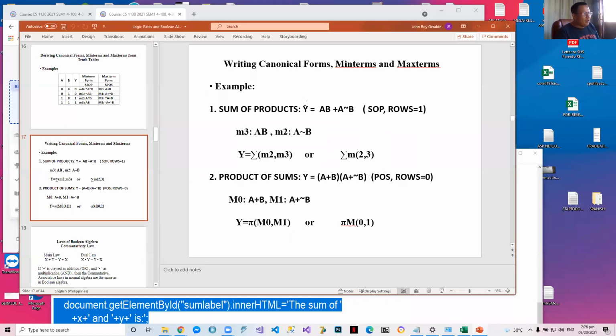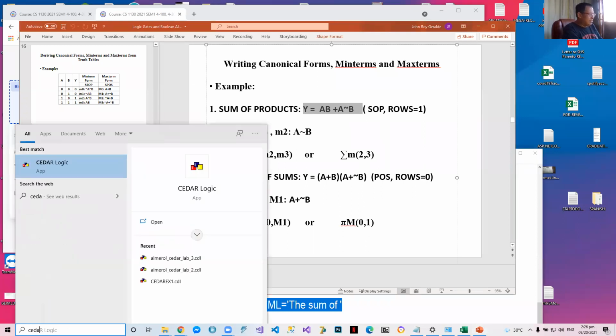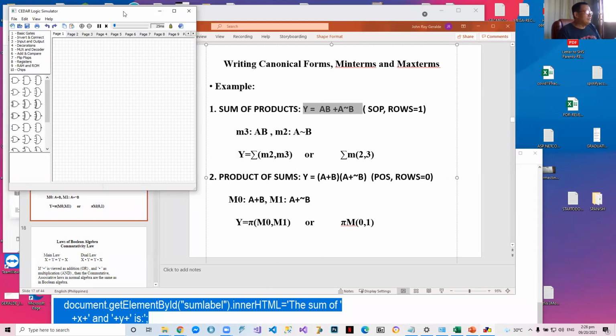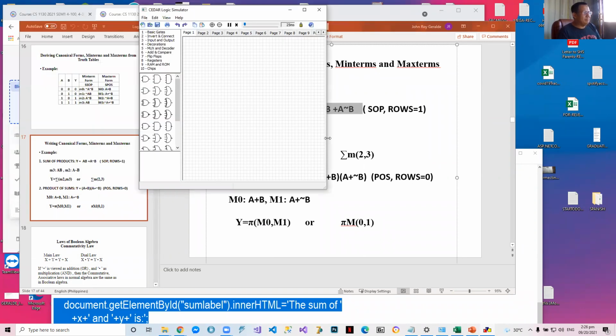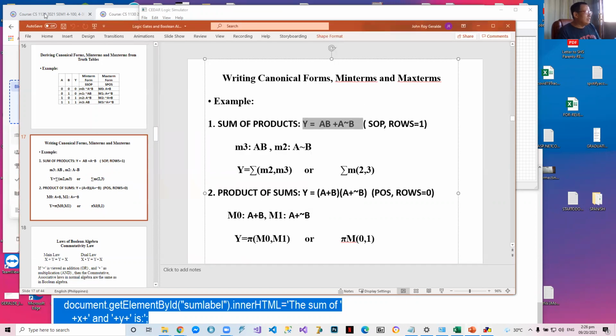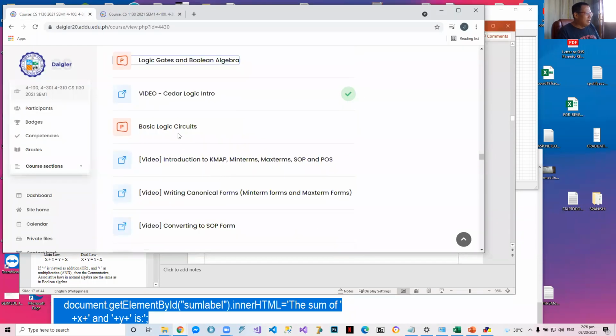How do you compose a circuit like this in Sidor logic? It's like this. This is Sidor logic. You watch the video. There's a video on our website here, Intro to Sidor Logic. You watch this. This is a very good video.